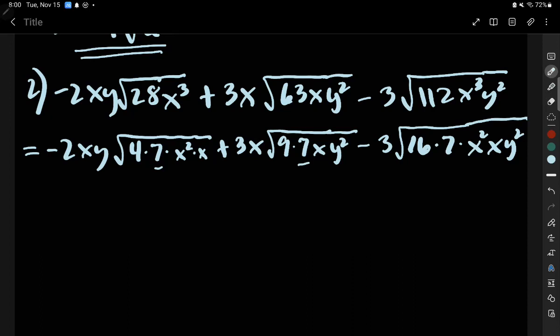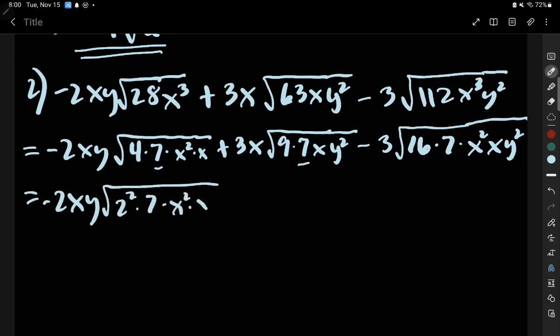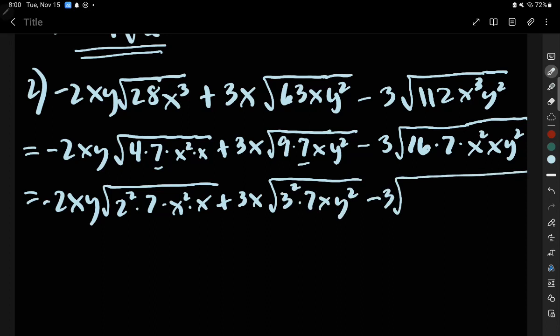Next, we are going to simplify it further. So negative 2xy square root of 4 can be written as 2 squared times 7x squared x, plus the 9 can be written as 3 squared, and then copy the rest. And then here 16 can be written as 4 squared, and then copy the rest.